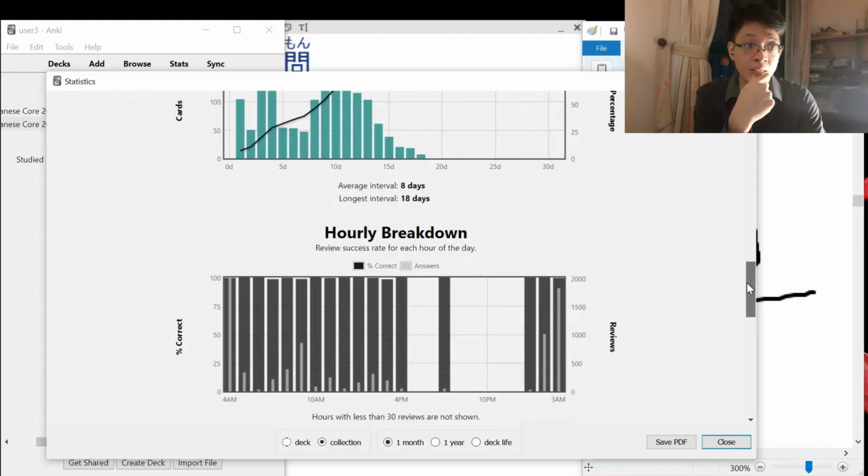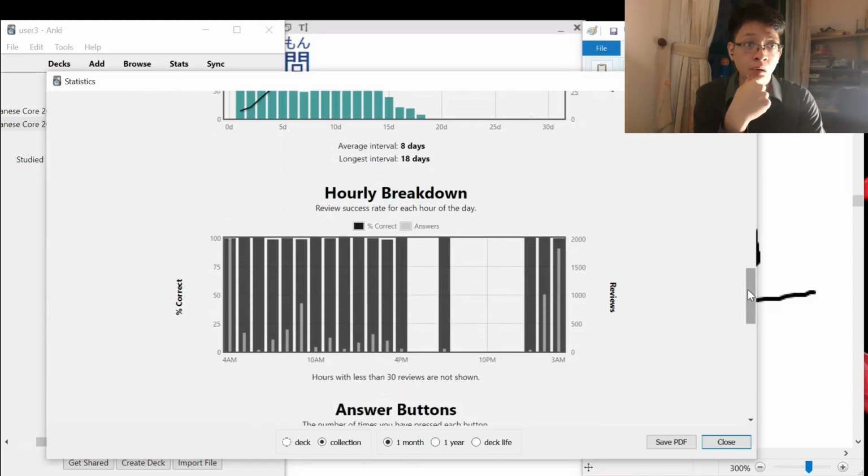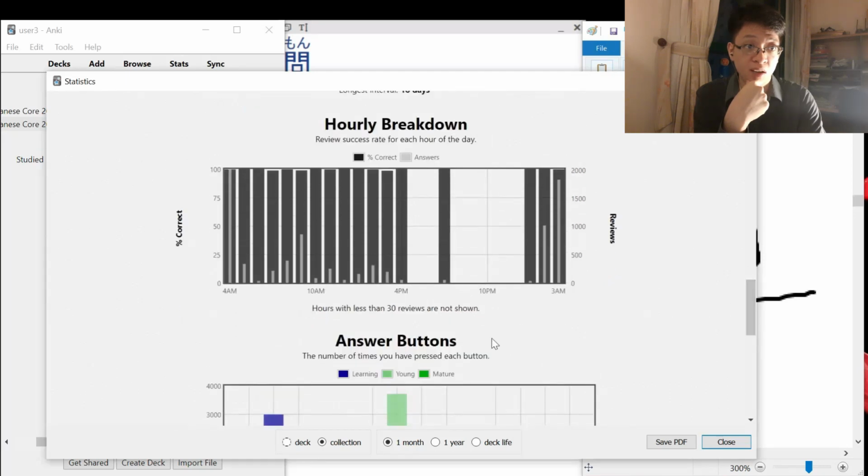Okay. So hourly breakdown: review success rate of each hour of the day. Hours with less than 30 reviews are not shown. Whoa, okay. This feels somehow like a misrepresentation. If you look at that, you would think that at 4 p.m. and 3 a.m. is when I sleep.